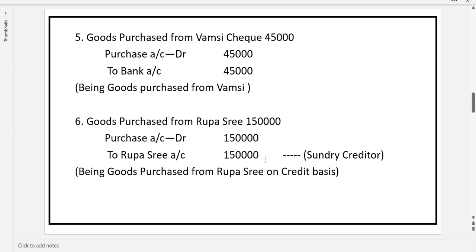In accounting terminology, we call them sundry creditors. Remember, guys, whenever you purchase from a particular person or company, that person or company is considered a sundry creditor. Okay, clear? So it's a credit transaction: purchase account debit to Rupasri. In the narration we mention: being goods purchased from Rupasri on credit basis.